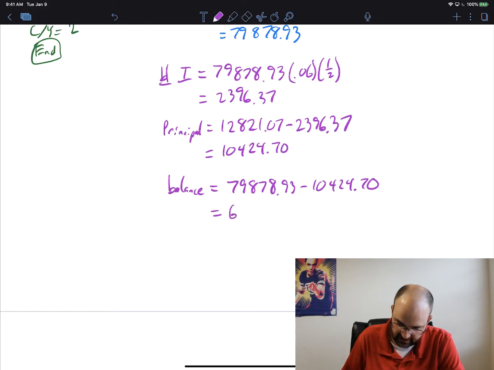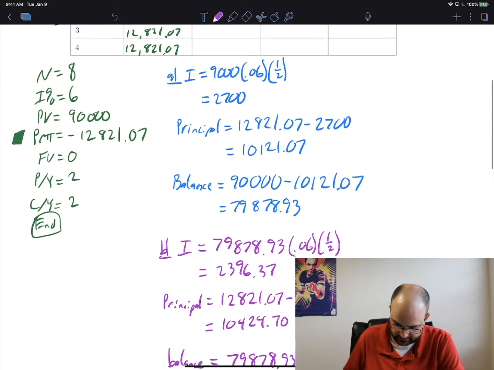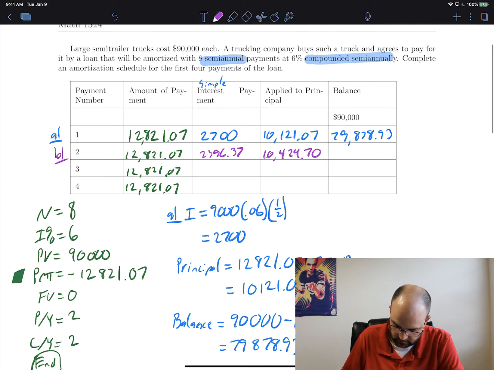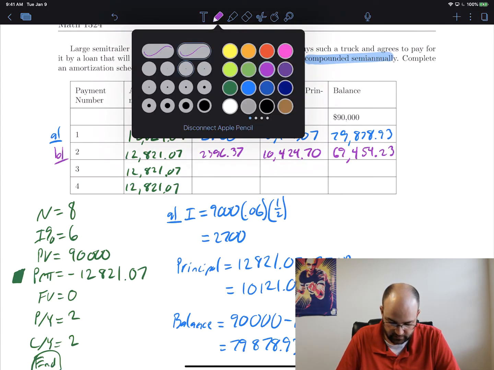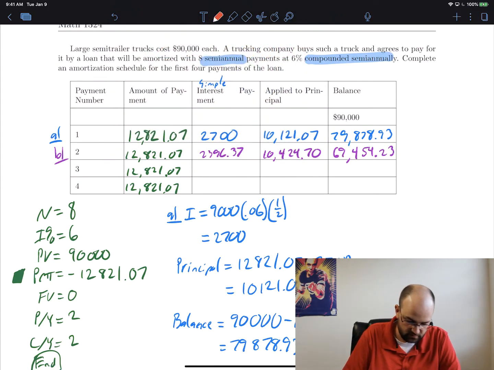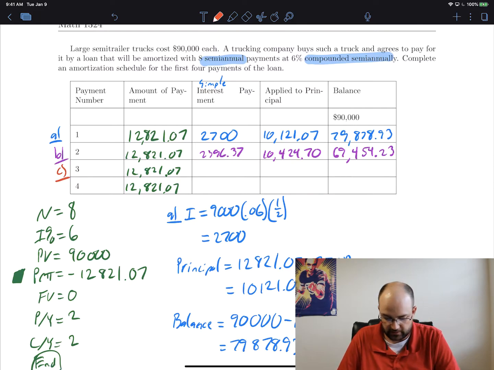Which gives us $69,454.23. Good deal. That is letter B. Let's go on to letter C.